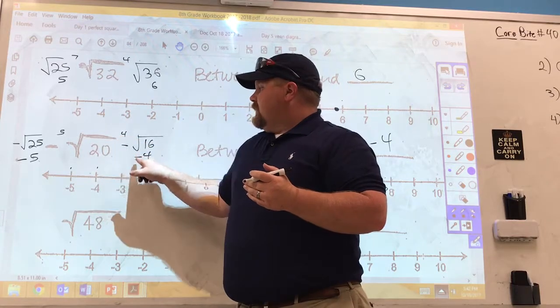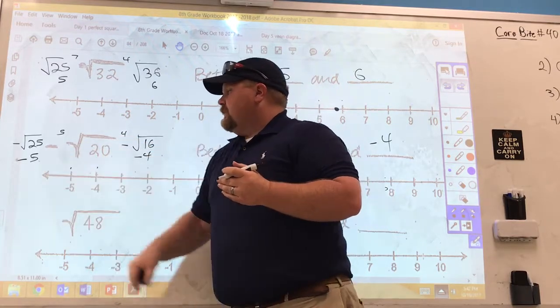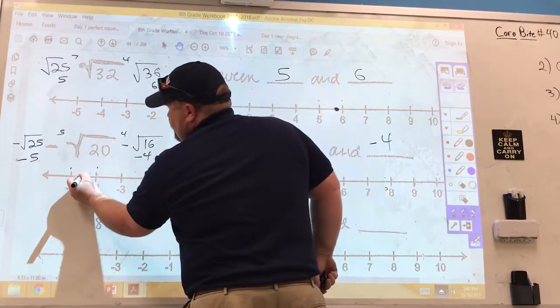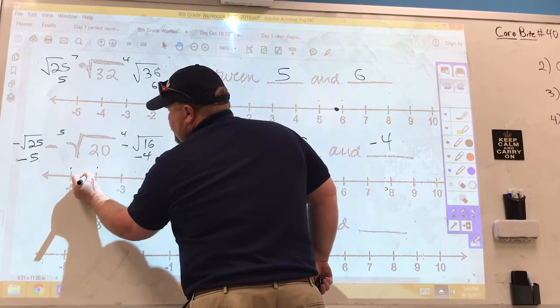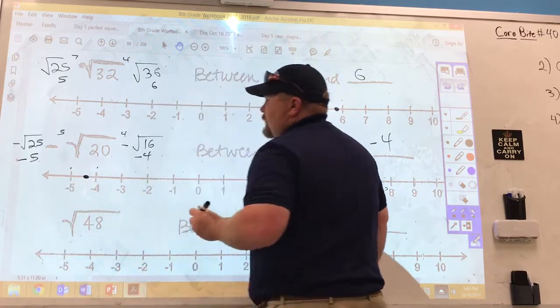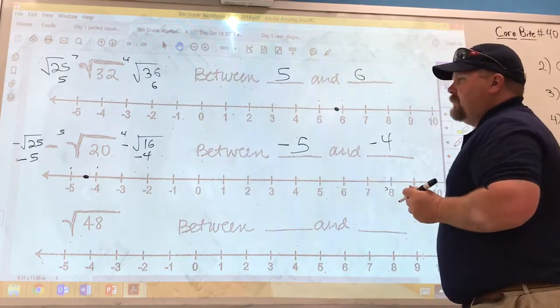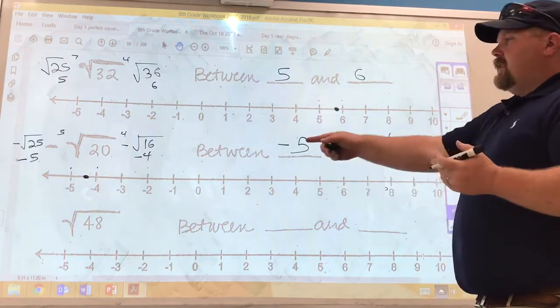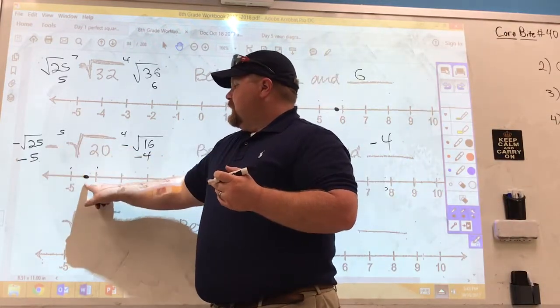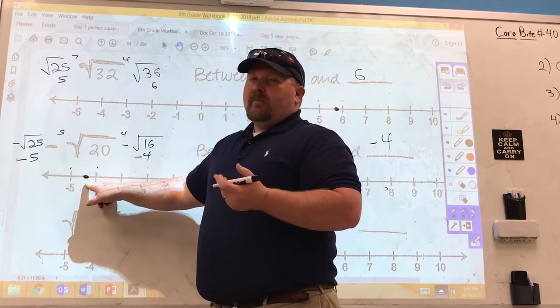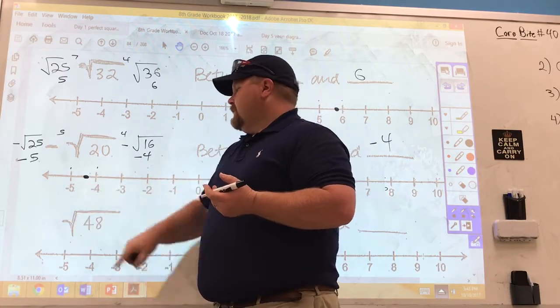It's 1 digit closer to negative 4 than it is to negative 5. So I'm going to the center in between them, and then I'm going to go over to negative 4 just a little bit. So it's just slightly closer to negative 4. And if I was to estimate this value right here, I would say that the negative square root of 20 is about negative 4.4. That would be my estimate.